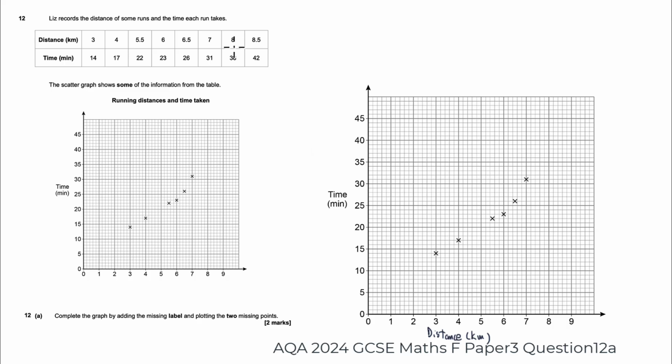So the second last entry, 8 kilometres, 38 minutes. There's the 8 kilometre line. There's the 30 minutes. We have to do 35, 36, 37, 38. So that's at this point here.